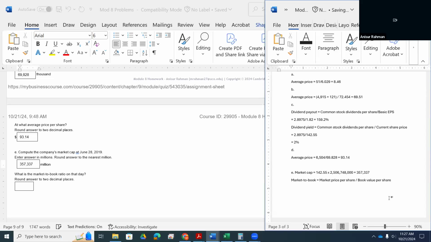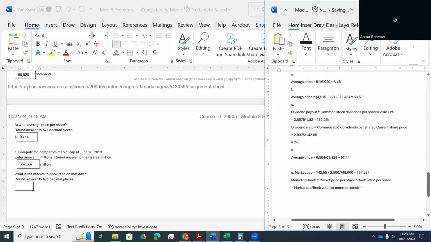Because we are dividing both the numerator and denominator by the number of shares outstanding, we can also write this as market cap divided by total equity or book value of common stock.